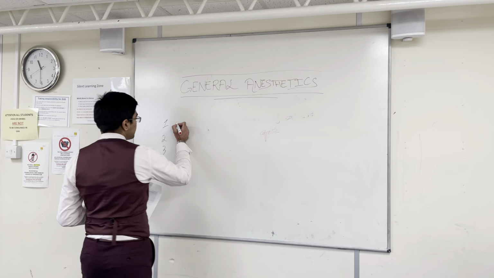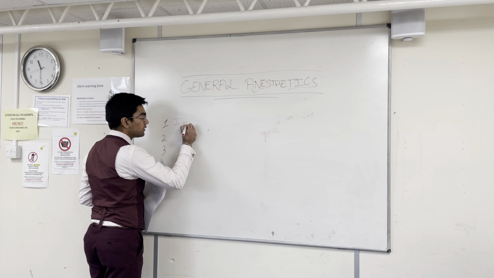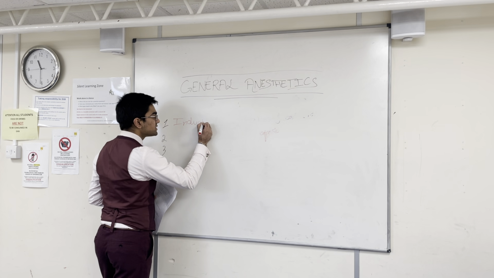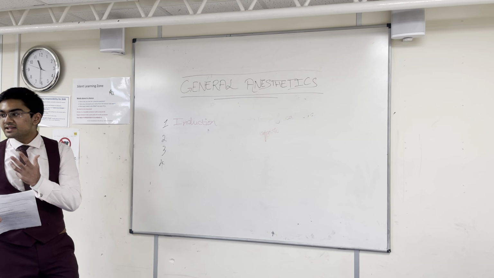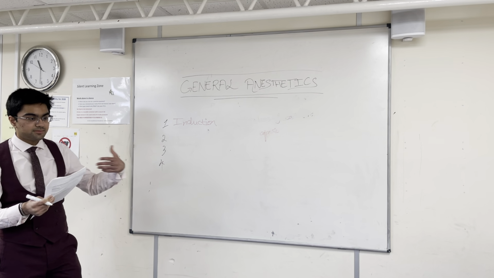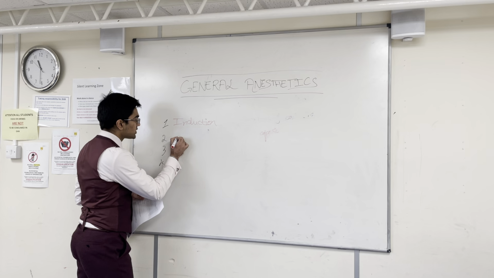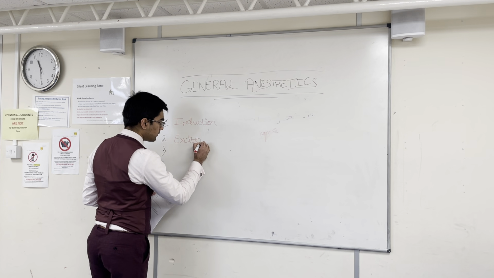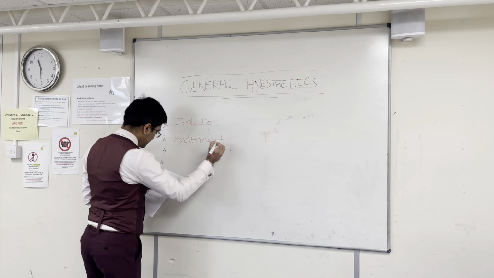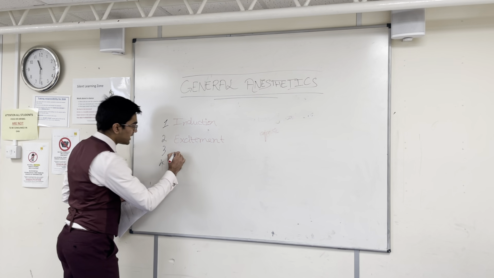The first stage is induction. This is when the anesthetic is put into the person intravenously or from a mask. The second stage is called excitement. The third stage is called surgical anesthesia.